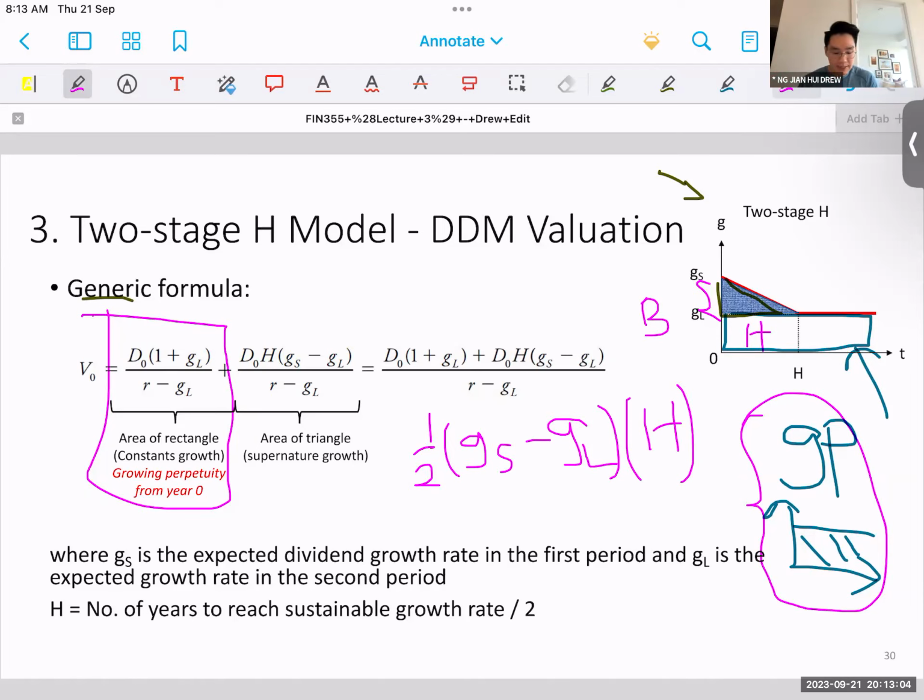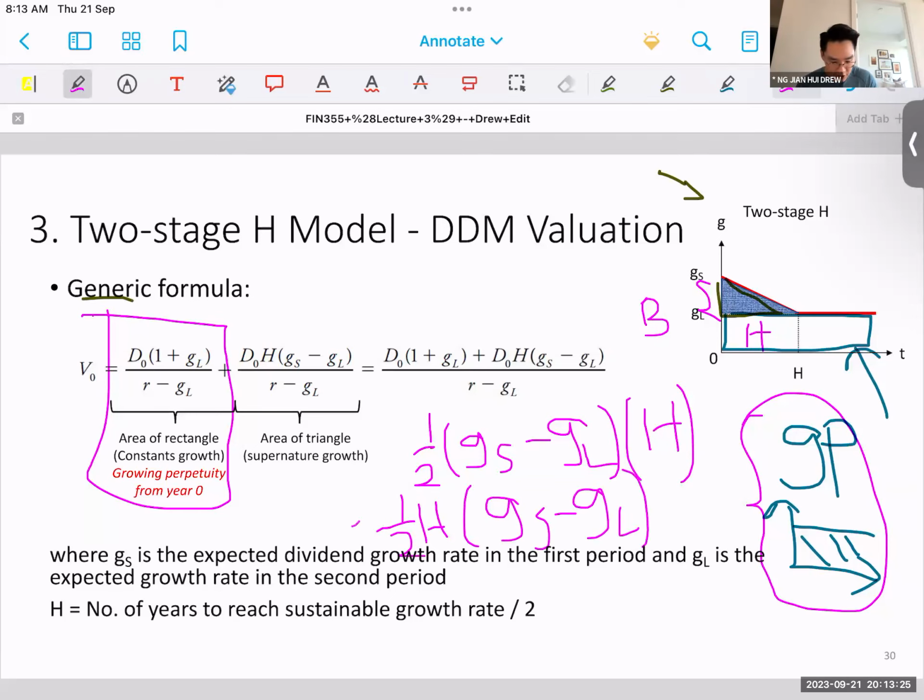All right, so we see this formula, area of triangle, half times base times height. Before we compare, let me just rewrite this here: half H, GS minus GL.